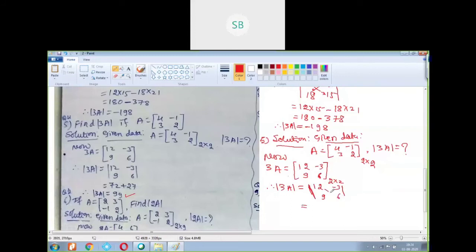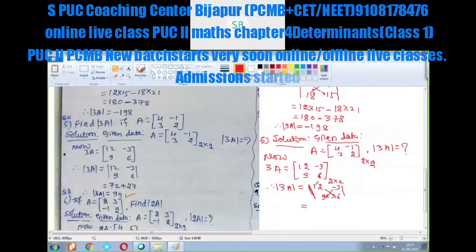To do the simplification similar to the previous one, I am putting this arrow for your understanding. 12 into 6 is 72. Next, minus is there, so it becomes plus on this side: 9 into 3 is 27. After simplification, it will be 99. That is the determinant of 3A.